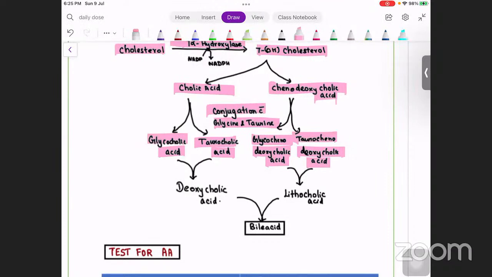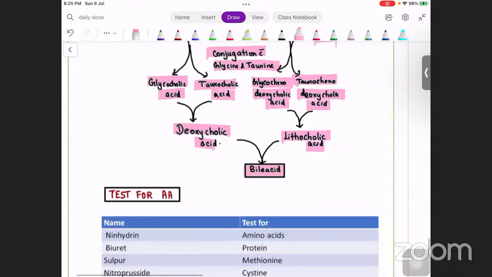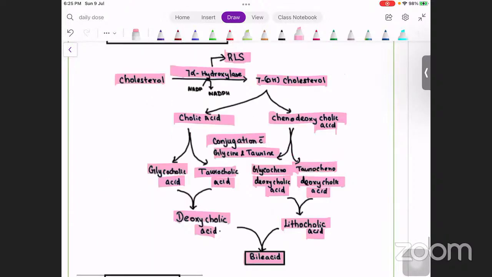They form lithocholic acid, while glycocholic and taurocholic acid form deoxycholic acid. Both are bile acids, people. So this is all about bile acid synthesis.